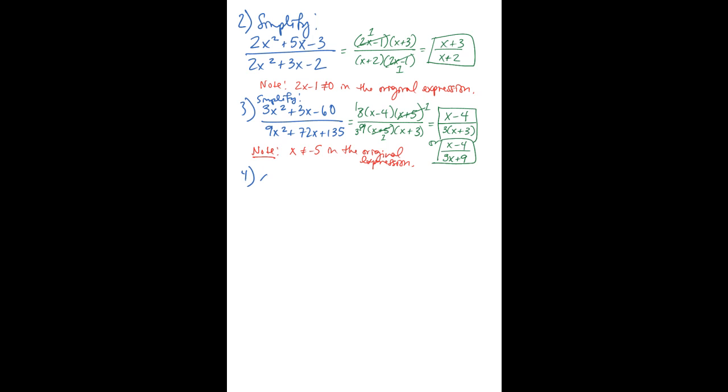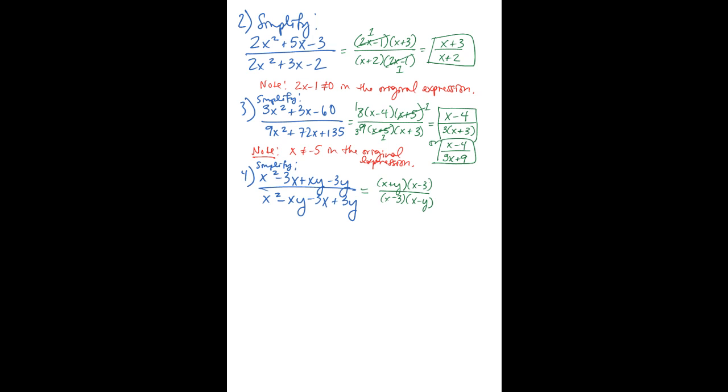If we have x squared minus 3x plus xy minus 3y divided by x squared minus xy minus 3x plus 3y, and we want to simplify that. Well, we would need to do some factoring by grouping, but if we do factoring by grouping, we could go ahead and factor it as x plus y times x minus 3 over x minus 3 times x minus y.